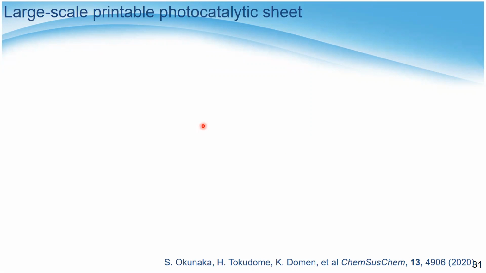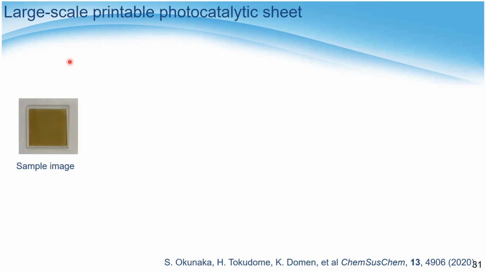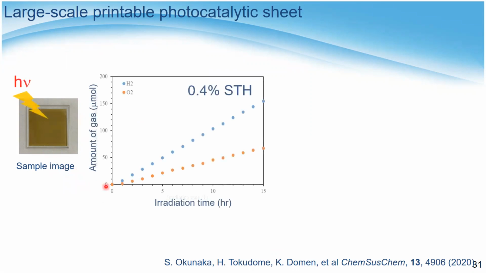Also Dr. Tokudome at Toto Corporation in Japan developed a large-scale printable photocatalytic sheet, and this is a sample image. When the light is illuminated, it can generate hydrogen and oxygen with 0.4% STH.